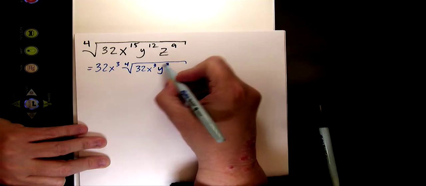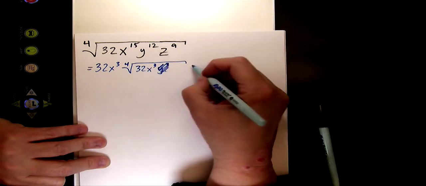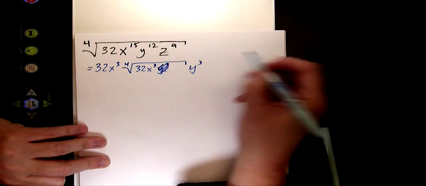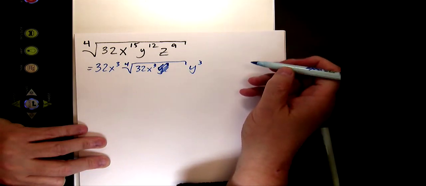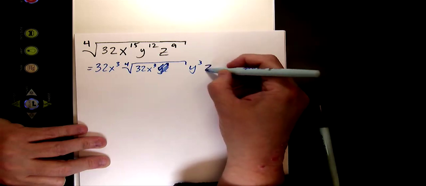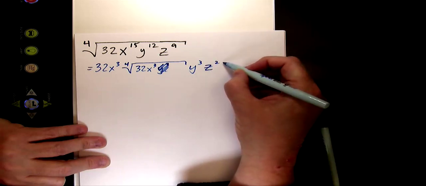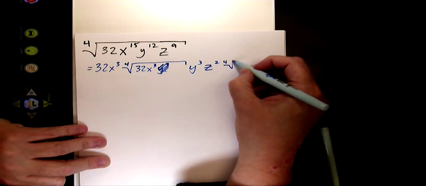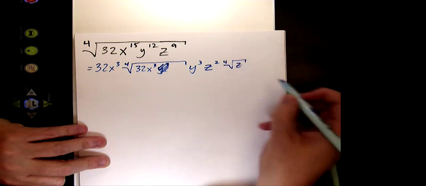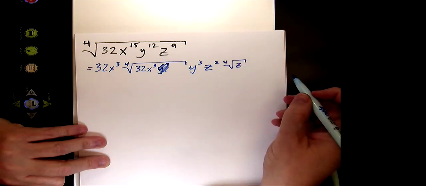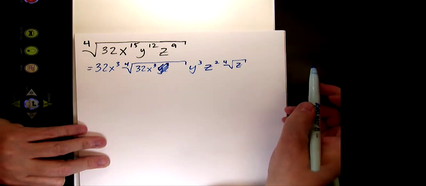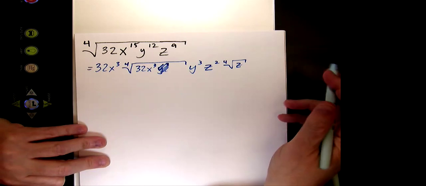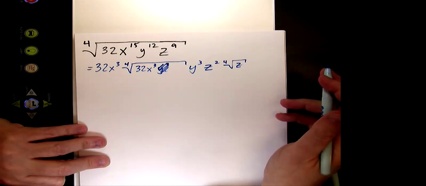No, it's outside of the radical. Sorry, I messed it up, probably wrong, but this is what I got. And then z squared, and then the fourth radical z. Anyone else get that? I don't think anyone else got that. It's not right. But a lot of it's correct, it's just not cleaned up right.